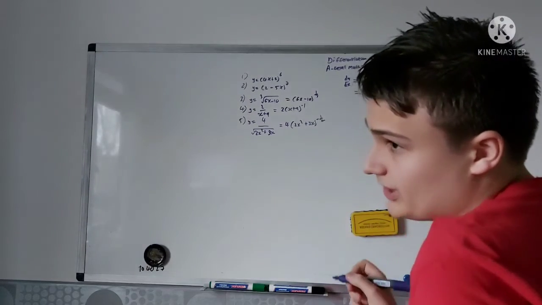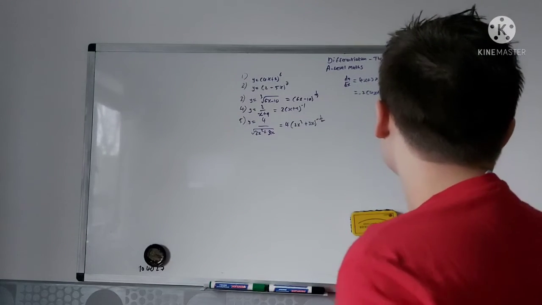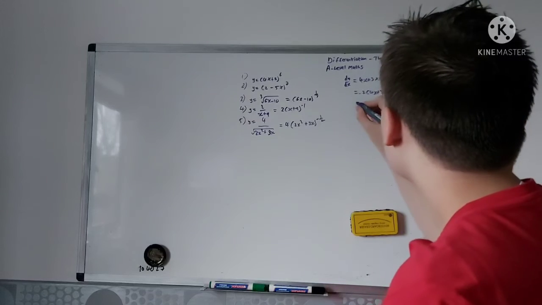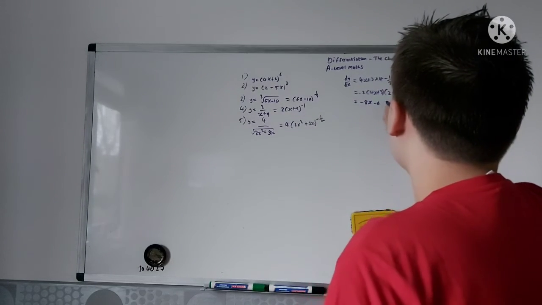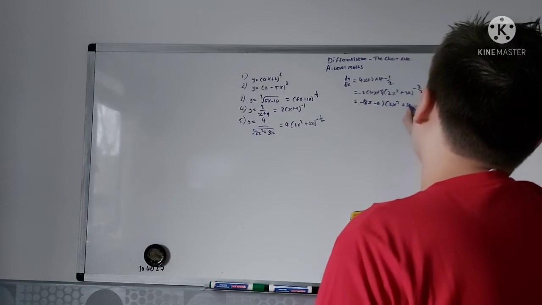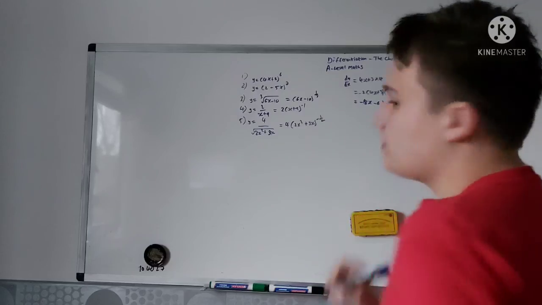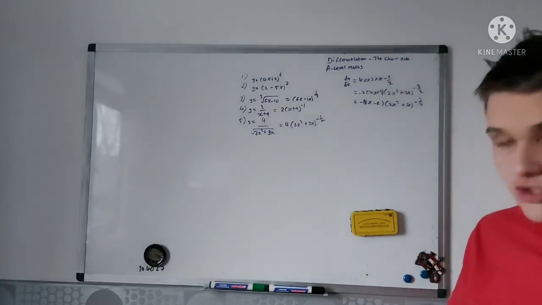Now that'll be minus 3 over 2, won't it? You could expand that out and get minus 8x minus 6 times (2x squared plus 3x) to the minus 3 halves, if you wanted to. And that's how we can differentiate using the chain rule.